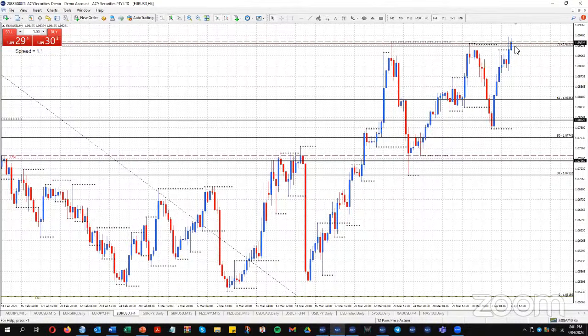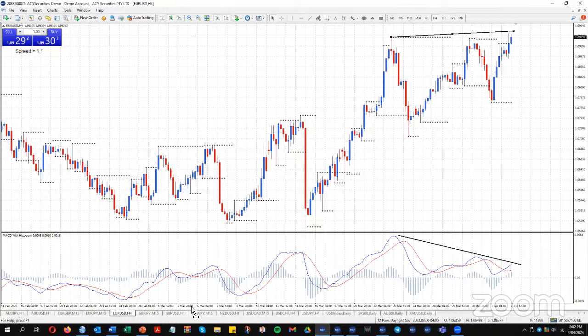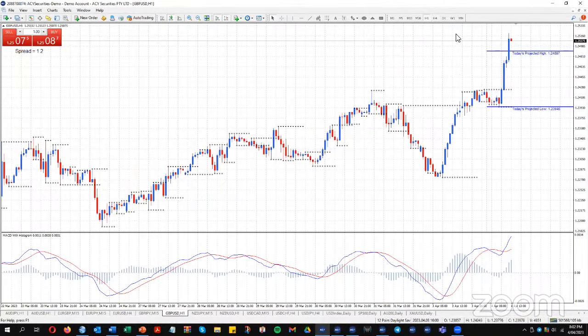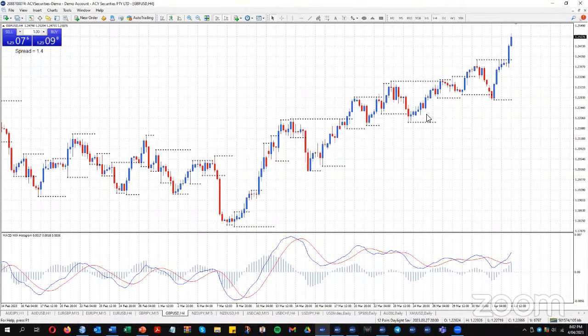And I'm getting asked about pound dollar 4 hours, is there divergence there? Well, not really, no, because that high there, obviously price is going up to a new high, in the most current price action, no. Recently, maybe yes.